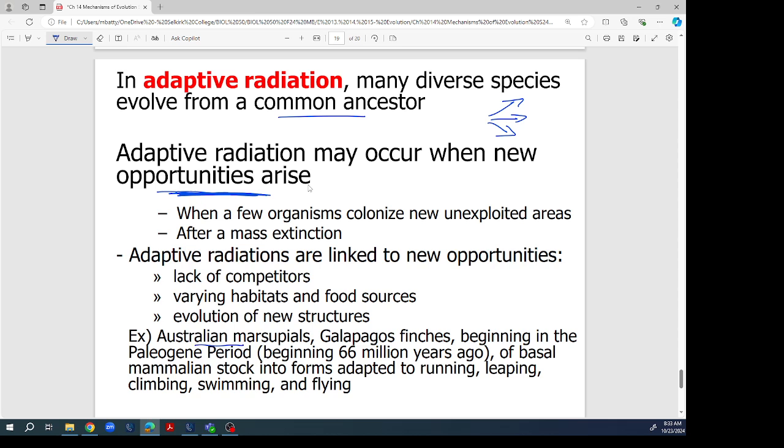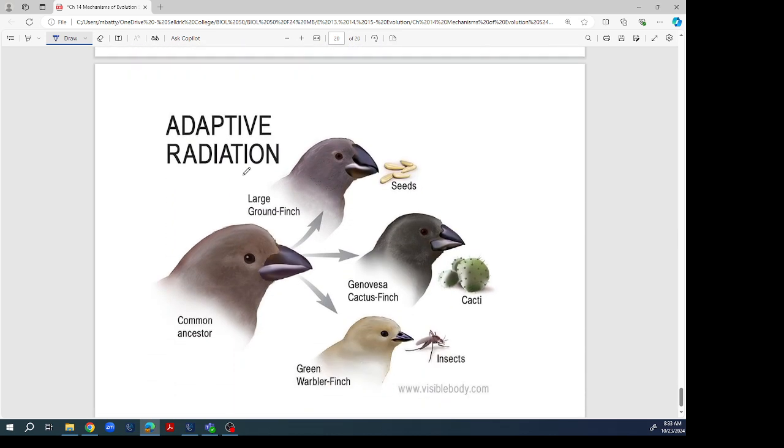Or it could be on the Galapagos Islands, going back to Darwin, the diversity of finches that we can see there. So when you kill everything off, it gives new opportunity for things to evolve. And this last image shows adaptive radiation from some kind of common ancestor that's probably extinct now.